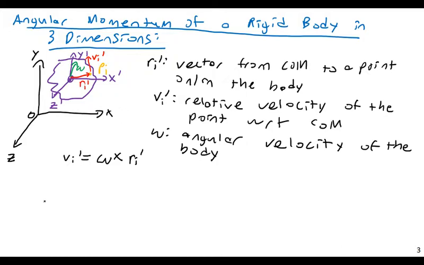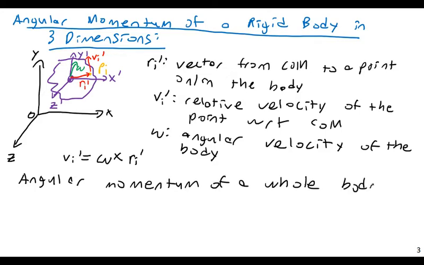Now, moving on here, this is the velocity of one piece. If I want to find the angular momentum of a whole body about its mass center, it would be like this, or as such.